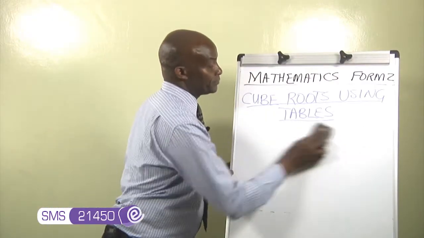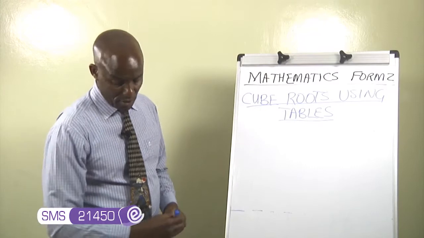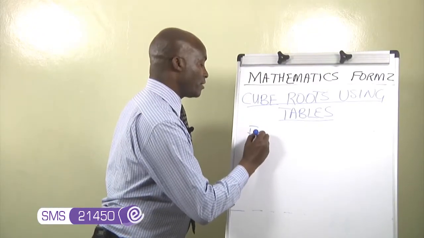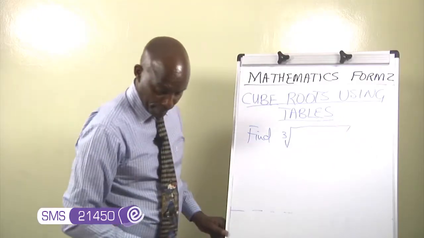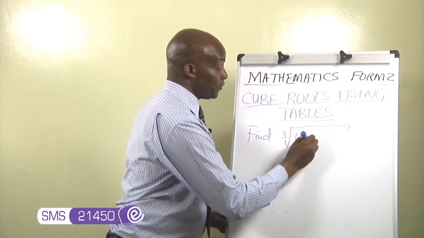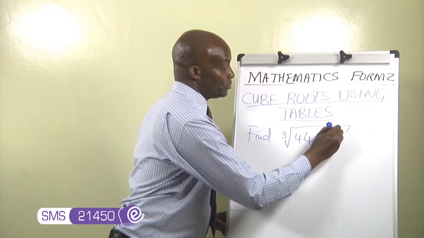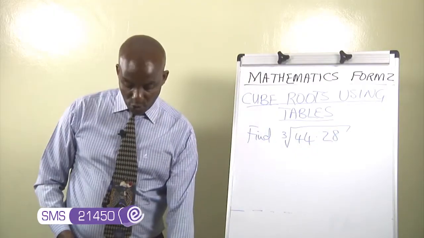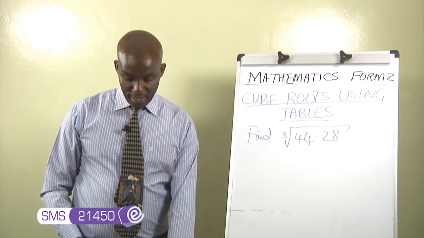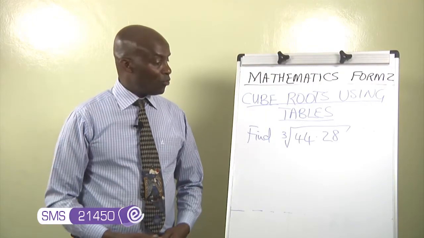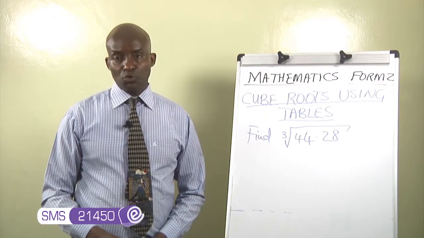Example, find the cube root of 44.28. So go to cube tables and look for the number just below 44.28.